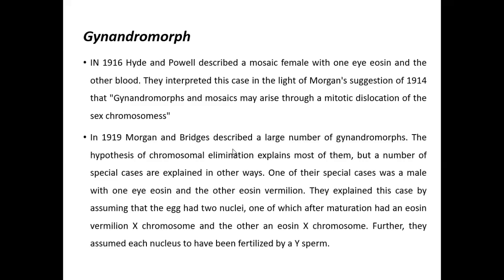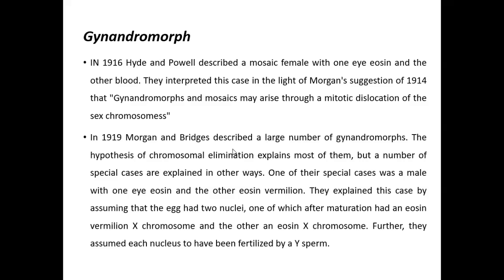So the body parts formed by the descendants of the cells that have a single X left are male, whereas the cells that keep their two X's give rise to female parts of the gynandromorph. That means half of the body has only one X, which may be on the left side.